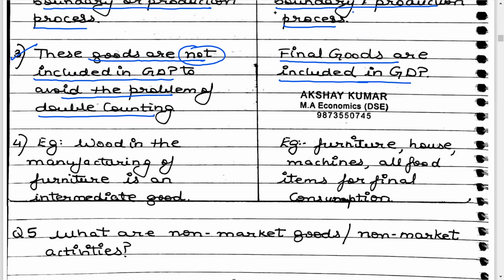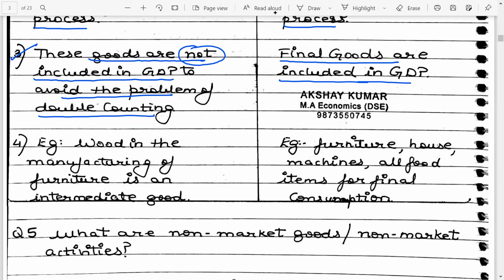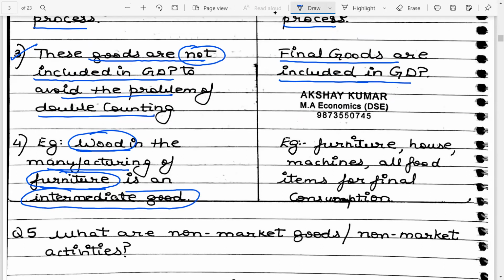Wood in the manufacturing of furniture is an intermediate good. This is the example which I had taken on the whiteboard also. Wood which is used to manufacture furniture is an intermediate good. Furniture is a final good, but wood is an intermediate good. Final goods would be furniture, houses, machines, all food items for final consumption. All of these are final goods.